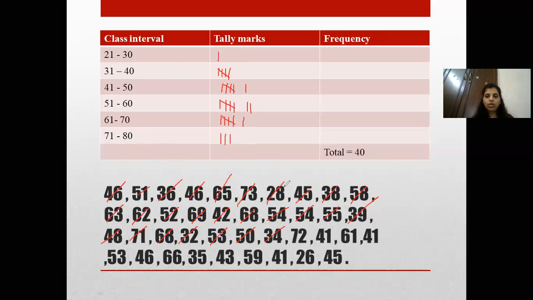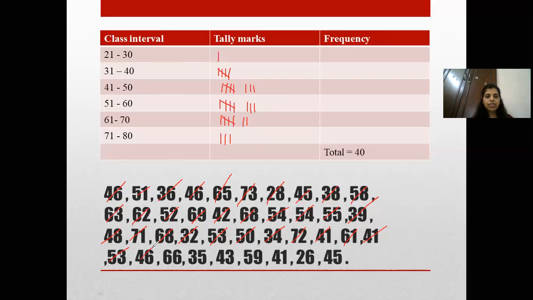So it will be over here. 41, strike off 41. It will be 41 to 50. 61, strike off 61. It will be 61 to 70. 41. So it will be over here. 53. It will be 51 to 60.